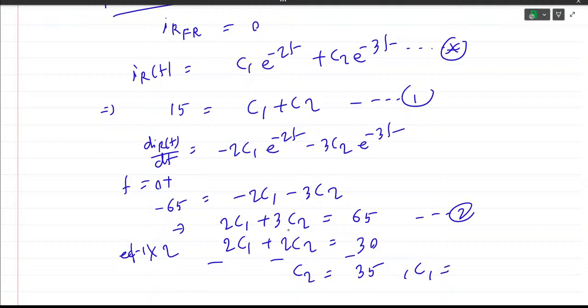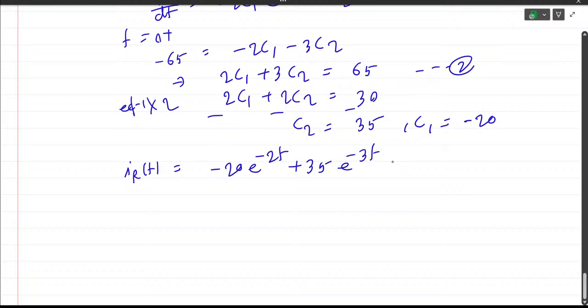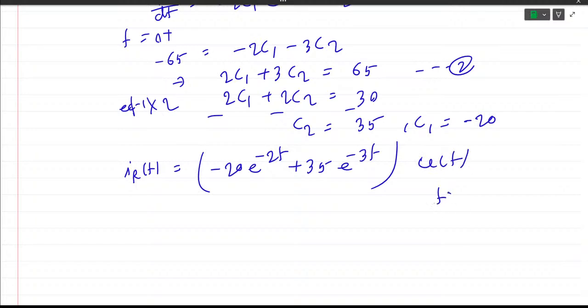And c1 will simply be 15 minus 35, which is minus 20. Now your IR(t) is equal to minus 20 e to the power minus 2t plus 35 e raised to the power minus 3t, for t greater or equal to 0.